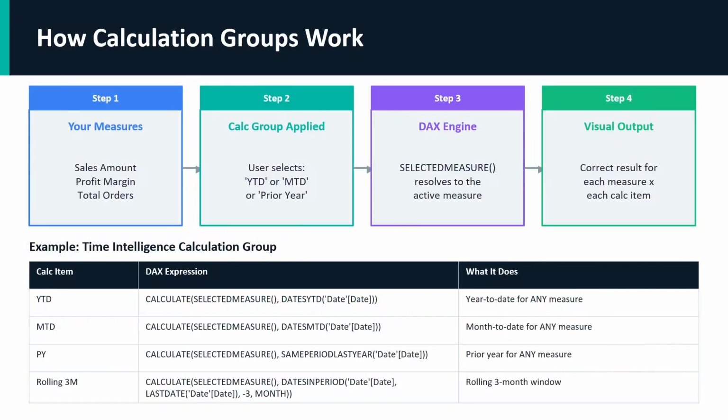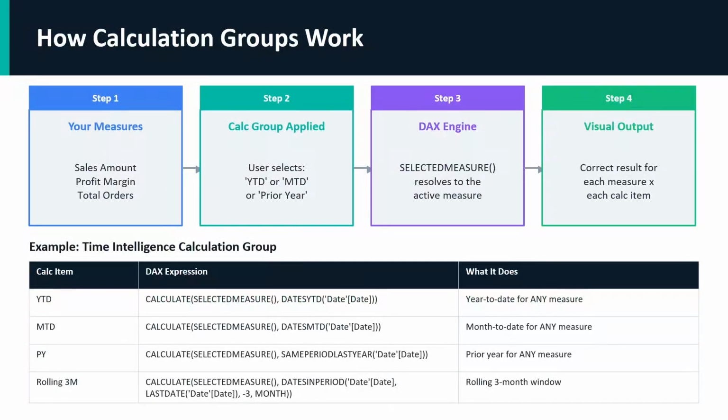So if you look at it now, if you look under here, I have given a calculation group measurement. You see, we have YTD, calculate, selected measure, date YTD, date. What does this do? Year-to-date aggregation for any measure that was selected. Second one, month-to-date for any measure that was selected.